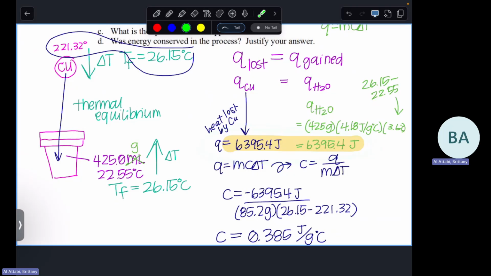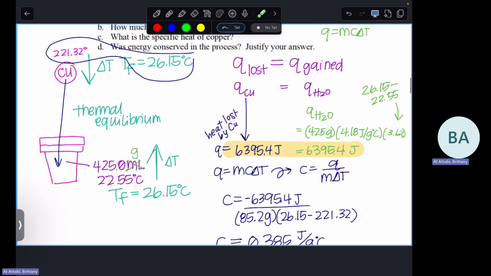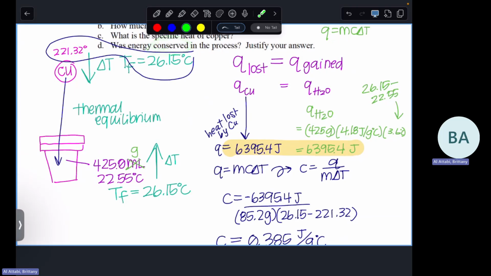Conserve just means that we're not randomly losing things. It's always going to be yes, even if it doesn't look like it. It's a law of the universe. We're not creating or destroying energy. If it looks like it disappeared, then it's gone somewhere that you have not been able to account for. In this case, I'm accounting for it, so it's definitely been conserved.